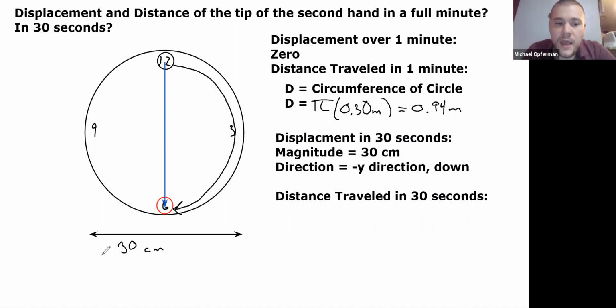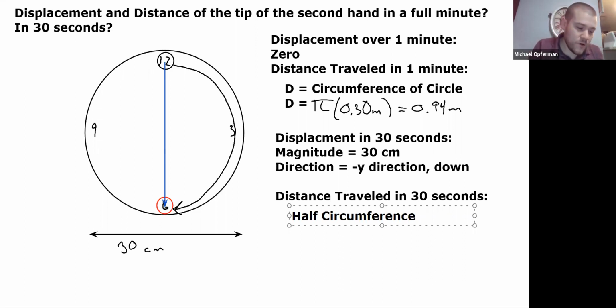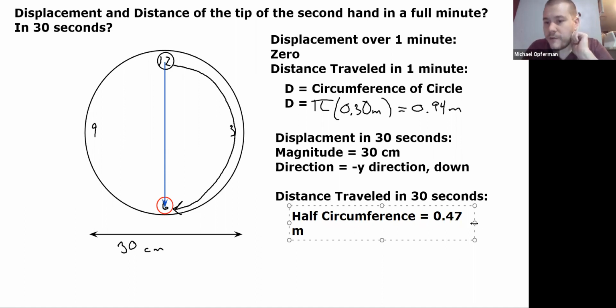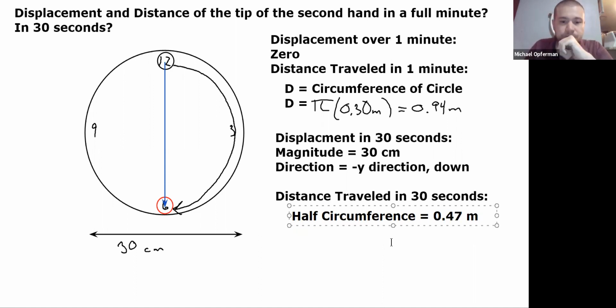So that's going to be half the circumference of the circle. So it's going to be half of the answer we got before, which is 0.47 meters, 47 centimeters. Okay, so that's the distinction between distance and displacement.